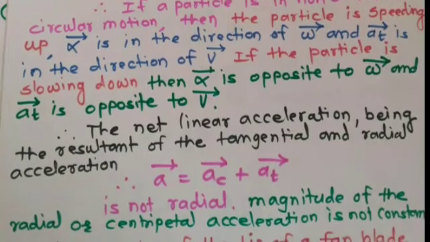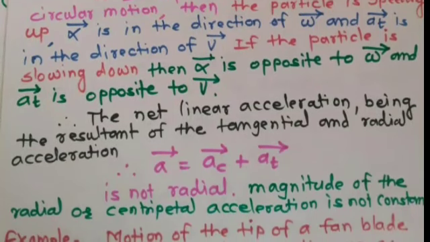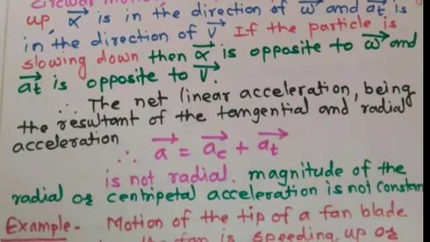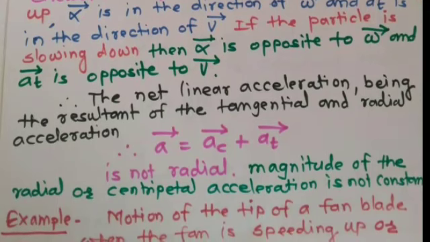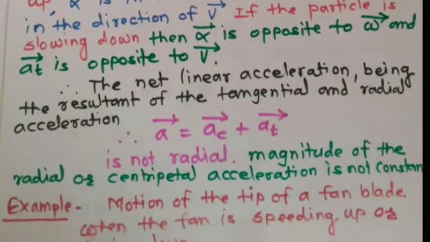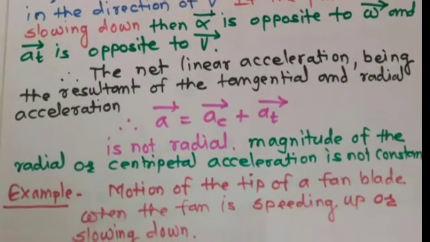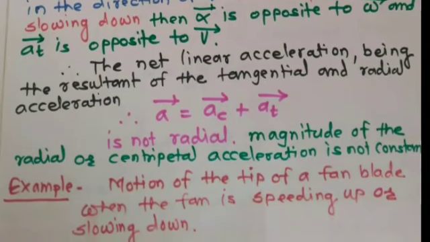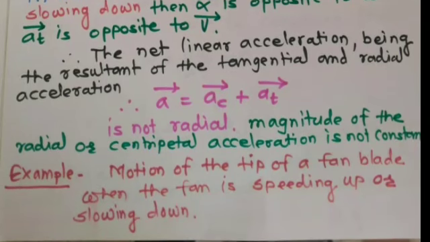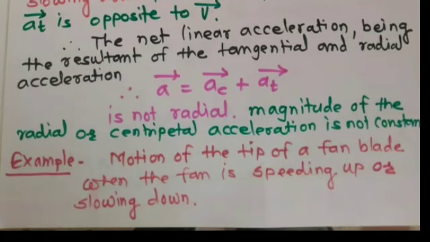Therefore, net linear acceleration is the resultant of tangential and radial acceleration. Vector a is equal to vector a_c plus vector a_t, which is not radial. Magnitude of radial or centripetal acceleration is not constant. Example: motion of the tip of a fan blade when the fan is speeding up or slowing down.